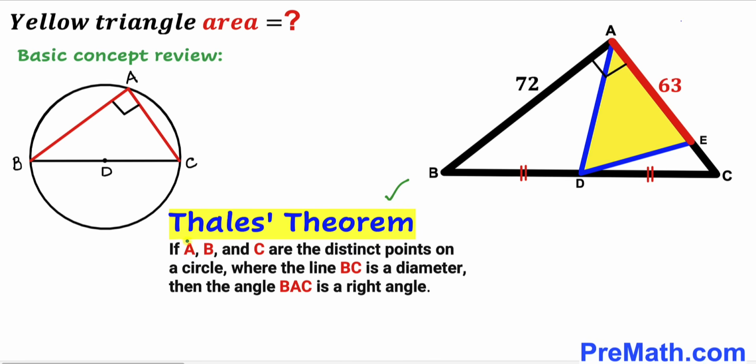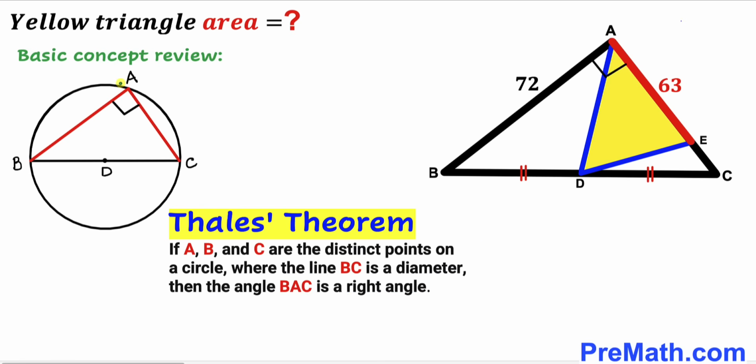According to this theorem, if A, B and C are three distinct points on the circle, and the line BC is the diameter, then the angle BAC has got to be a right angle. In other words, this angle has got to be a 90-degree angle.